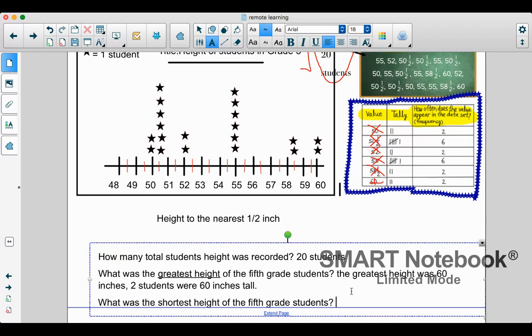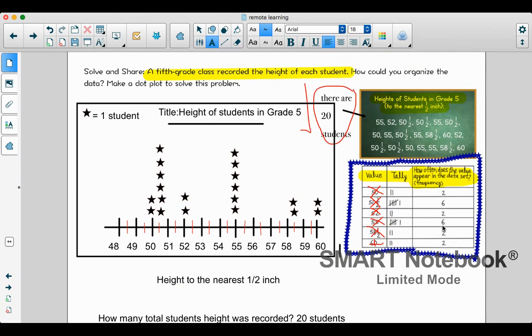And the shortest height is 50 inches. 2 students were 50 inches tall. That is how we make a dot plot to solve this problem.